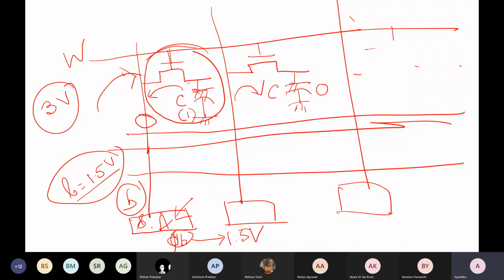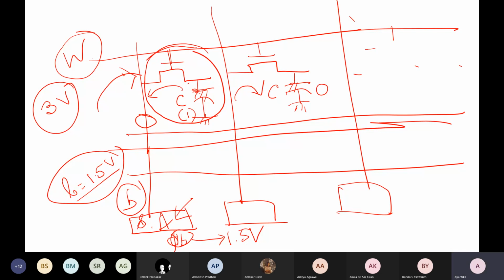We have already set it to the high voltage, and based on the requirement of what bit we are going to write, there will be a toggle, a change in this voltage. Maybe we can keep it high, or, based on what type of bit we are going to write, there will be a change on this word line.